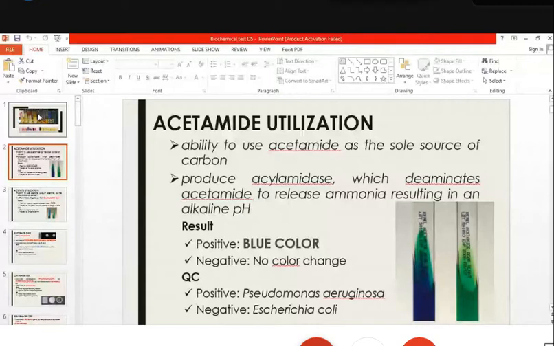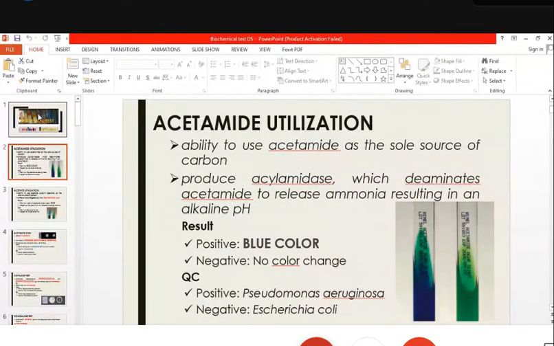So that by the amidation in the presence of acrylamidase and resulting in the release of ammonia, which now will change the pH of the media into alkaline. Nag-i-increase ang alkalinity niya because of the release of ammonia. So, it will change now yung ating acetamide agar slant from green to blue.